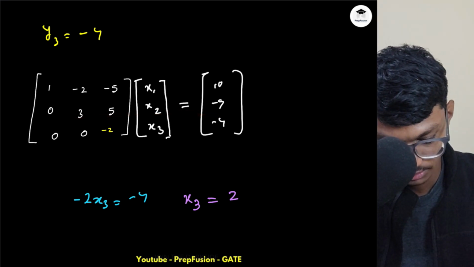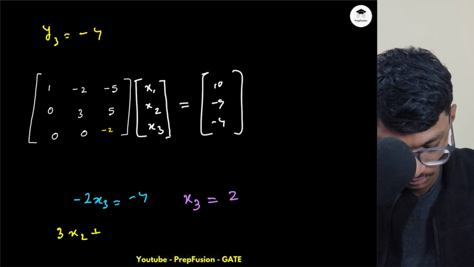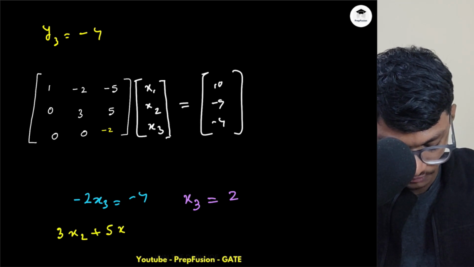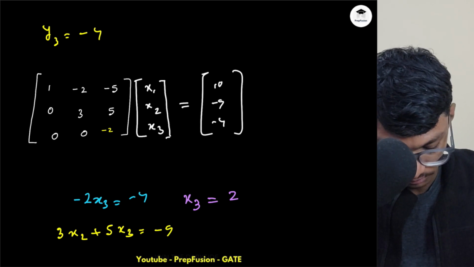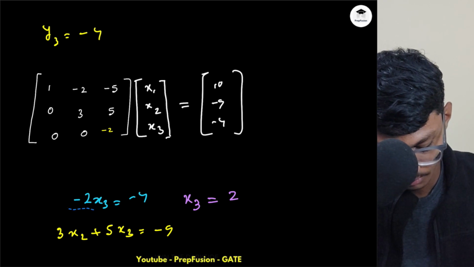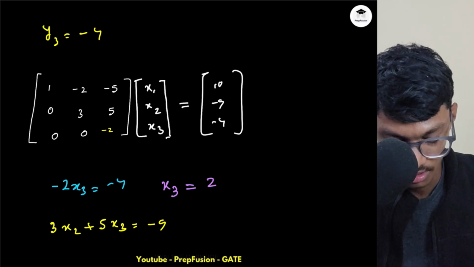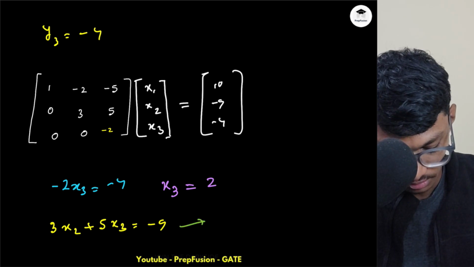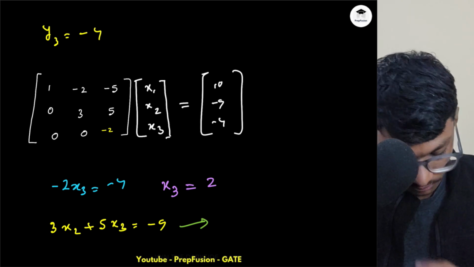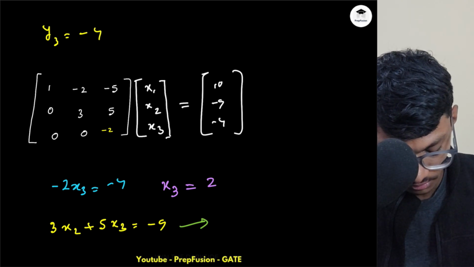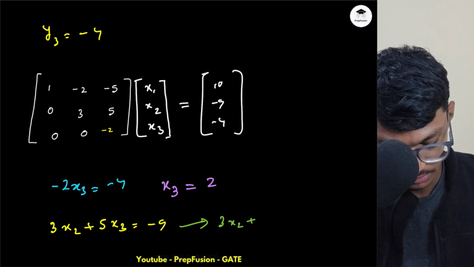Now let's solve this equation. This is 3x2 plus 5x3 equals minus 10. So this is equals to 3x2, and this is plus 2, right?